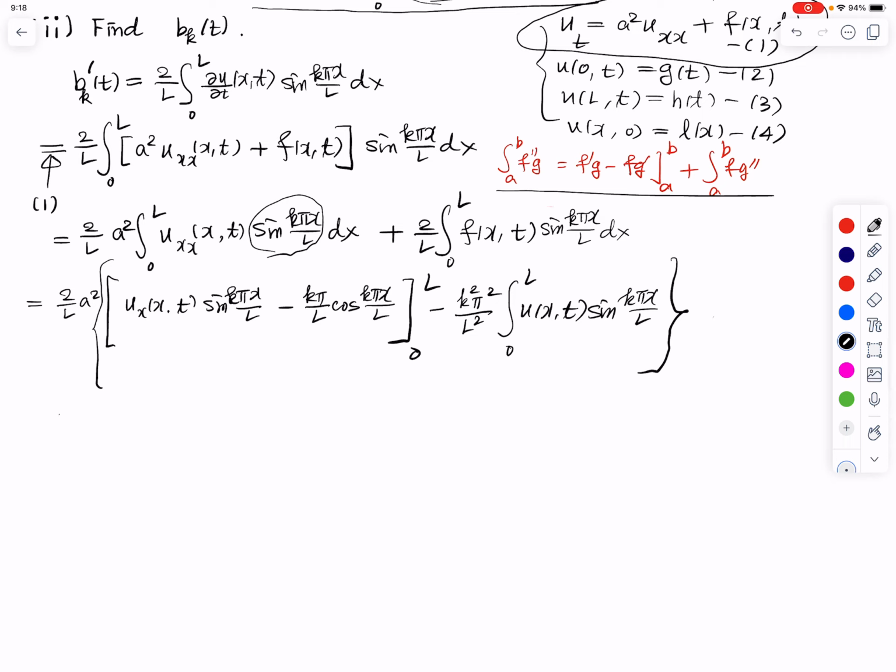Then I have plus 2 divided by L, integral from 0 to L of f(x,t) sine(k pi x divided by L) dx.